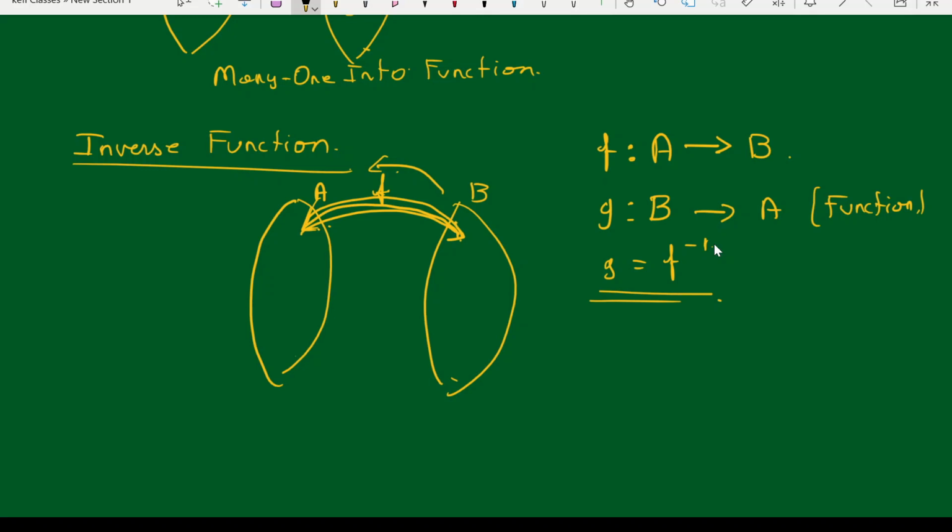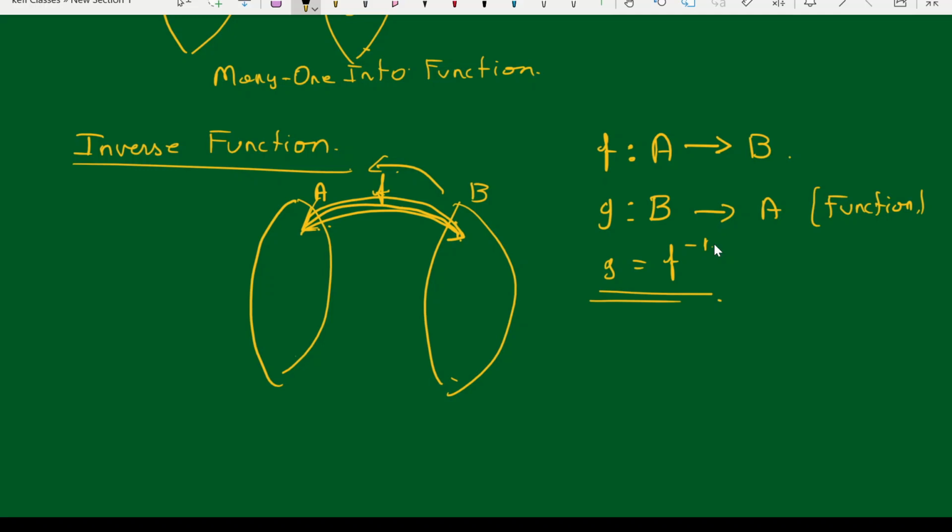So it's not 1 upon f. f raised to minus 1 is written, that's true, but that does not mean it's 1 upon f. It is the notation for the inverse function, in the opposite direction. From A to B is the normal function, from B to A it is the inverse function, provided it is a function.